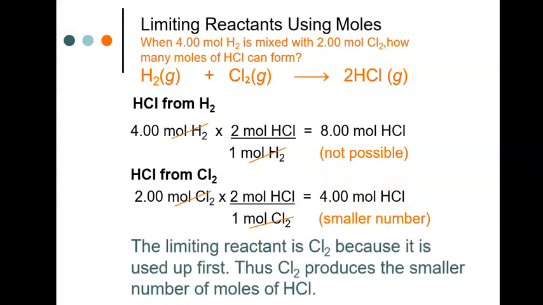So in this case, your limiting reactant is chlorine because it is used up first. You don't have any chlorine left over, so you cannot produce HCl any further. As soon as you get 4 mole of HCl, the reaction will stop. Alright? So the limiting reactant here is your chlorine, because the chlorine produces the smaller amount of HCl.